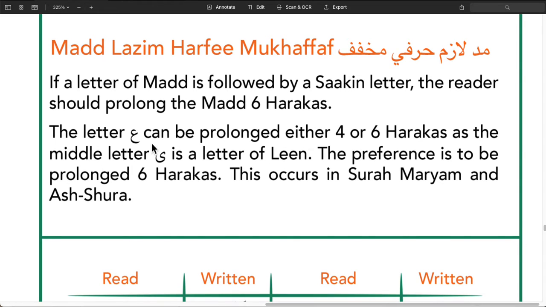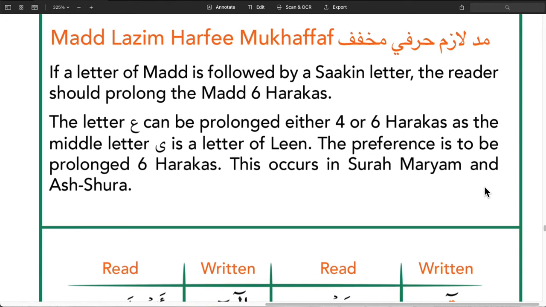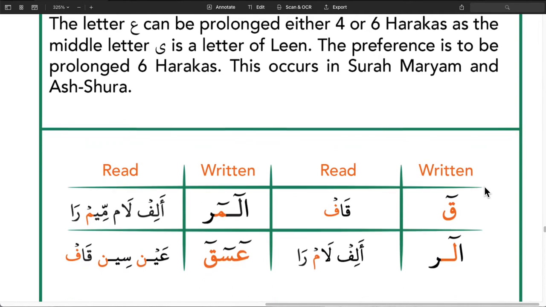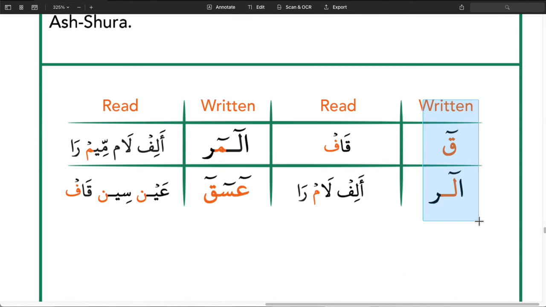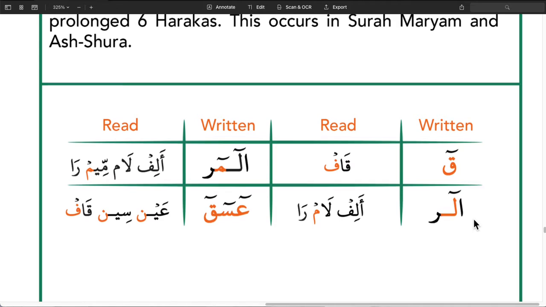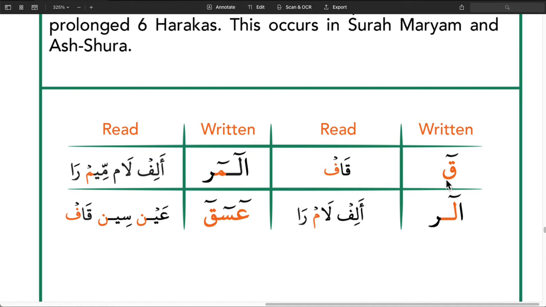The letter ain can be prolonged either 4 or 6 haraka, as the middle ya is a letter of leen. The preference is to prolong it 6 haraka. This occurs in Surah Maryam and Shura. Just those 2.